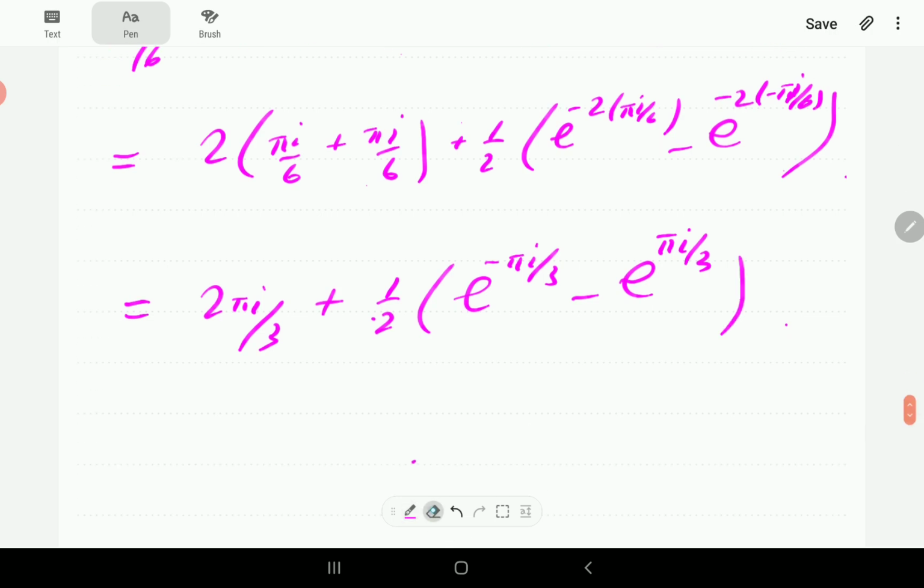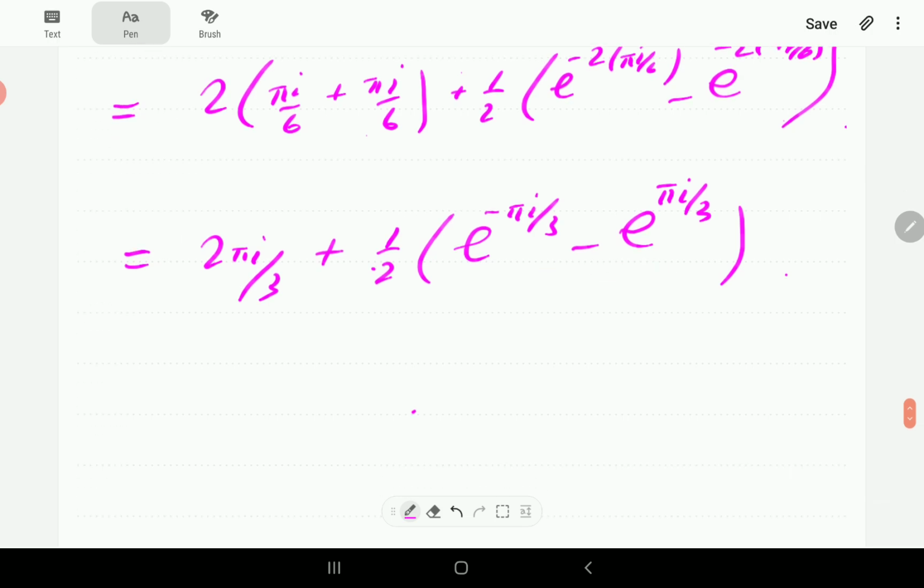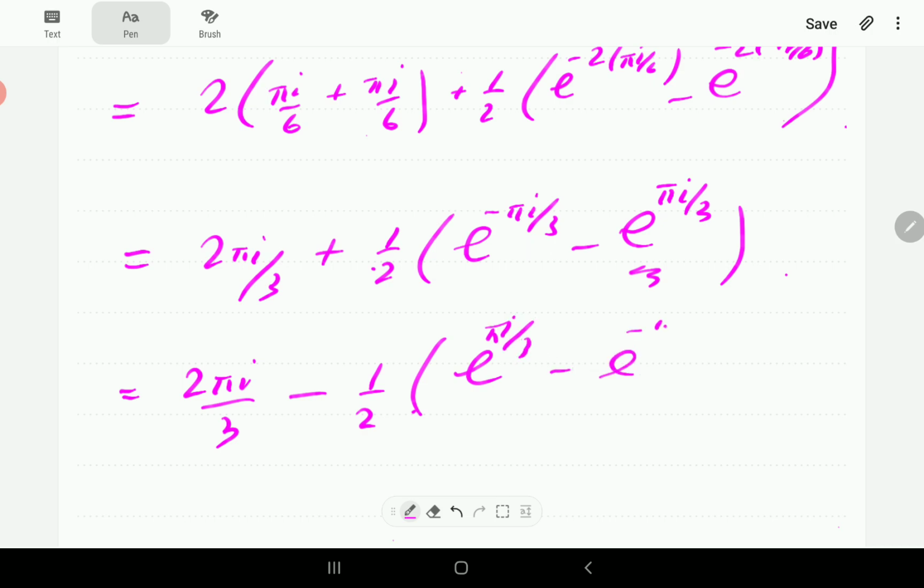Now you're going to notice that this looks very much like the sine type of group of terms, but this one should be positive. So if we put a minus here, that should sort that out. So then we're going to have e to the pi i over 3 minus e to the minus pi i over 3.